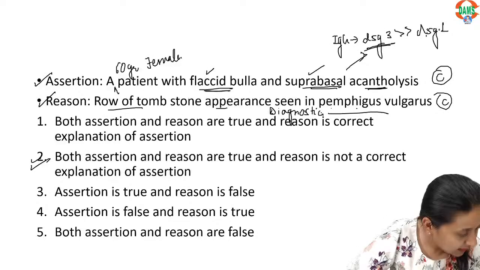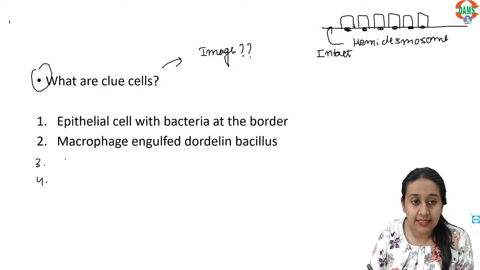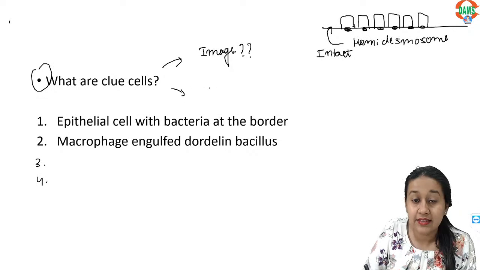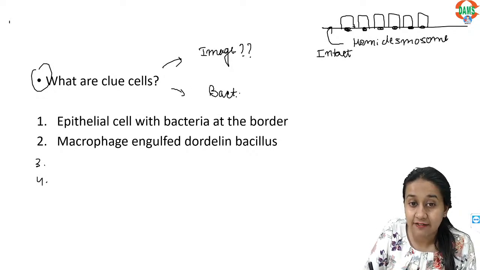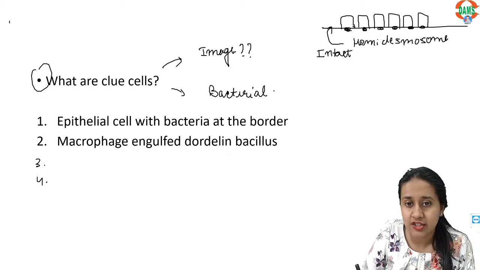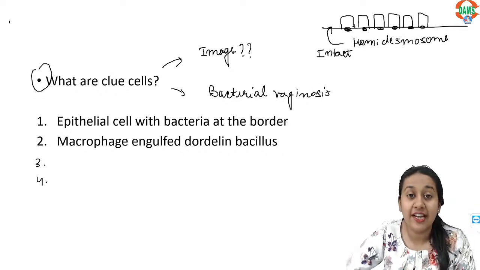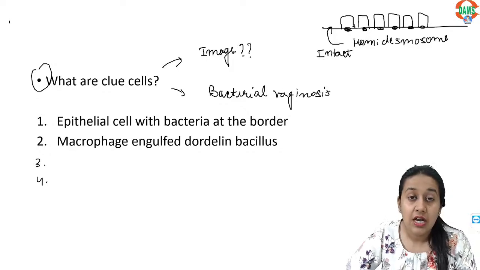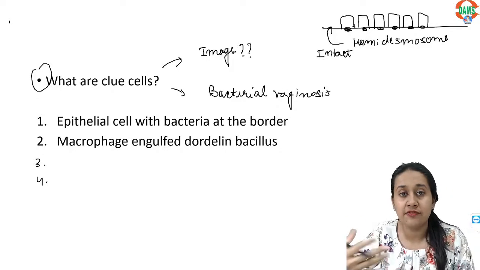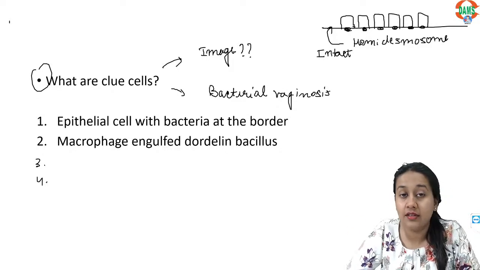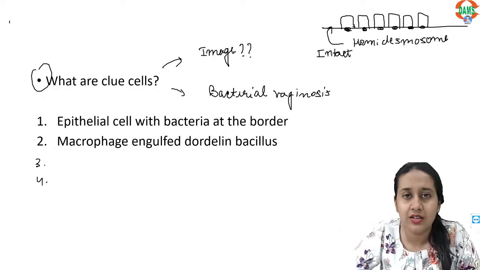Okay. So what are the clue cells? Please remember, clue cells are features of bacterial vaginosis. What is this? It is a condition in which the vaginal pH changes. I hope you all know that the pH of the vagina is usually acidic, and the reason for this is we don't want unnecessary bacteria to colonize our vagina.